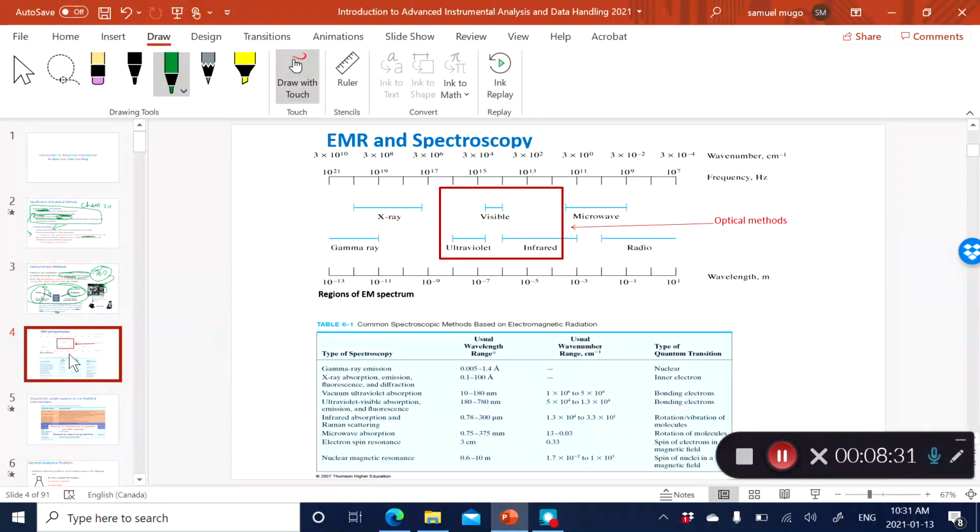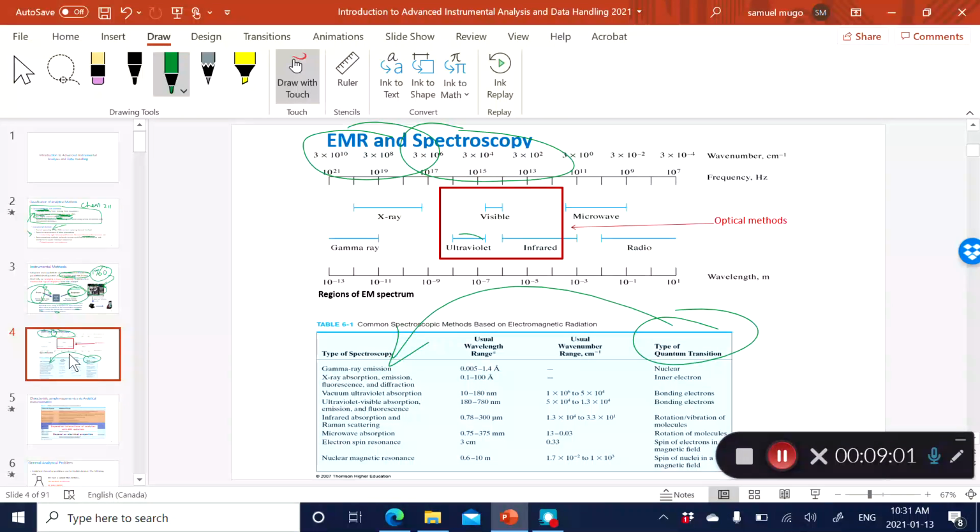Now, it's important for us to remember, and I think I've mentioned that, the electrons on the chemical undergo certain types of transitions, and those transitions are the ones that correspond to different types of instrumental methods. I'll give you an example. For example, in the case of using electromagnetic radiation as your probe, as your source of energy, which is the basis of spectroscopy.